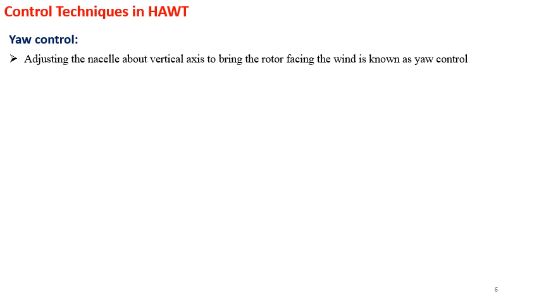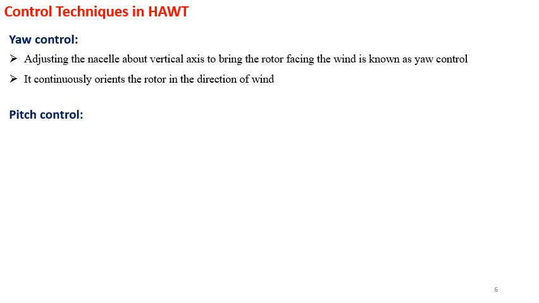I hope all of you have seen it. In larger machines, a servo mechanism operated by a wind direction sensor controls the yaw motor, and that keeps the turbine properly oriented. So it continuously orients the rotor in the direction of the wind.